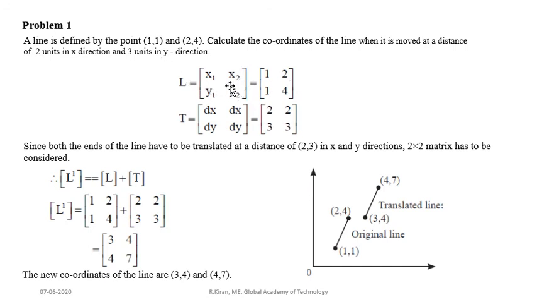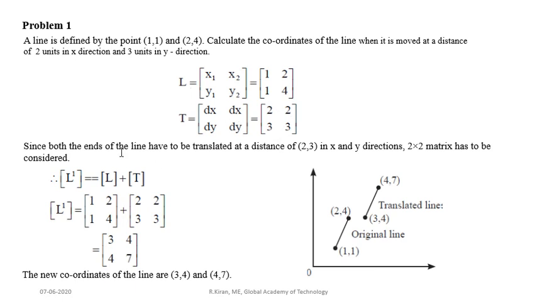Here x1, y1 is the point (1, 1) and x2, y2 is the point (2, 4). dx and dy are the movements along the x and y directions.